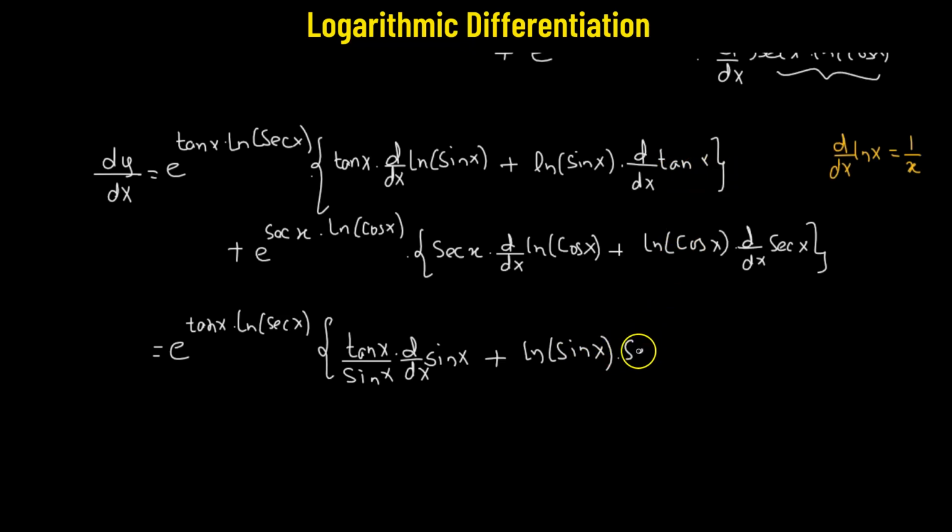So the derivative of the tangent function is the secant squared x, plus e raised to the power of secant of x multiplied to log of cosine of x. So this will get multiplied to secant of x.